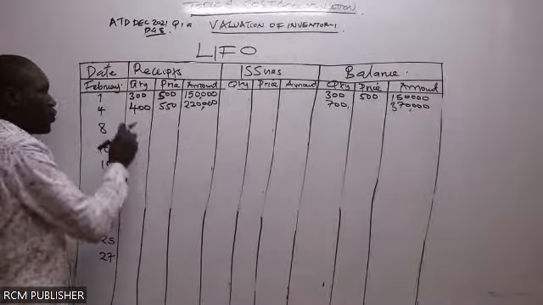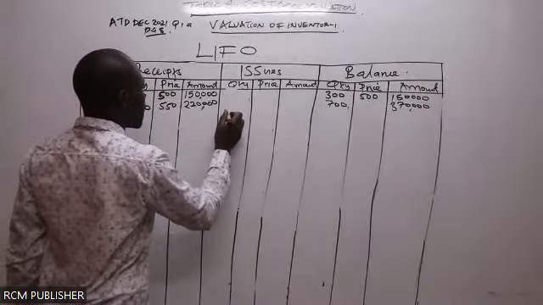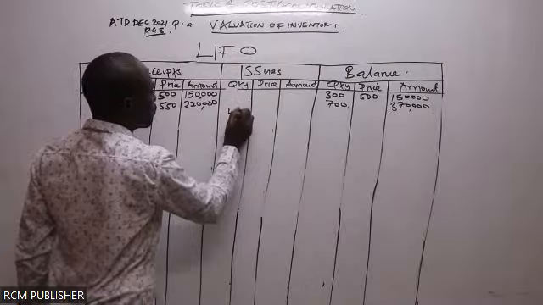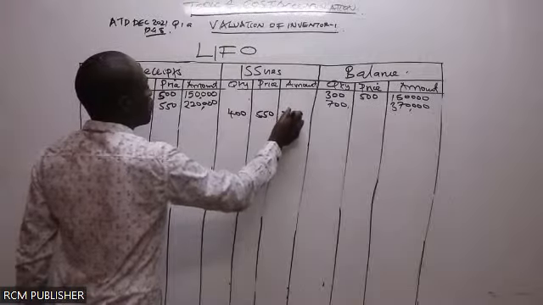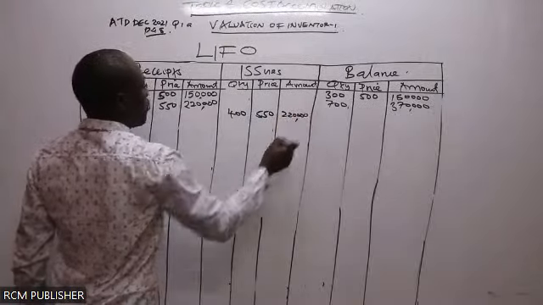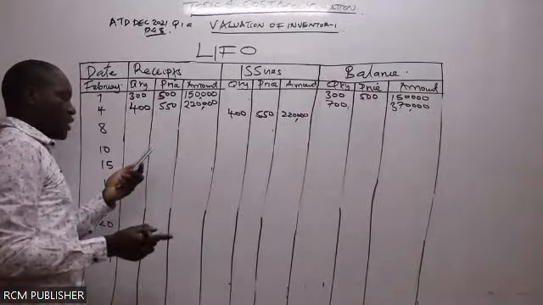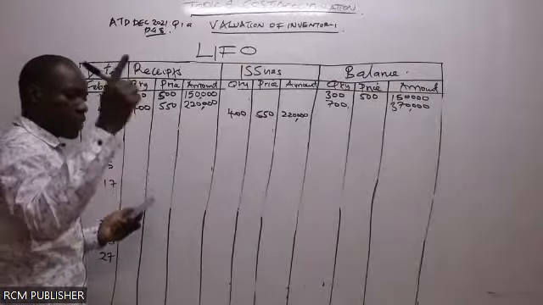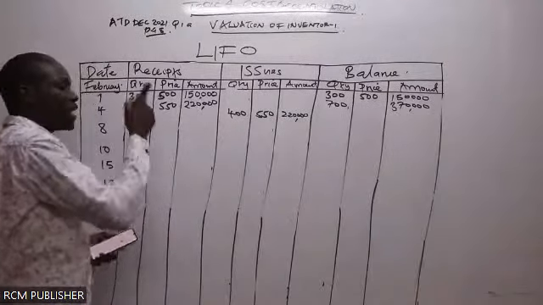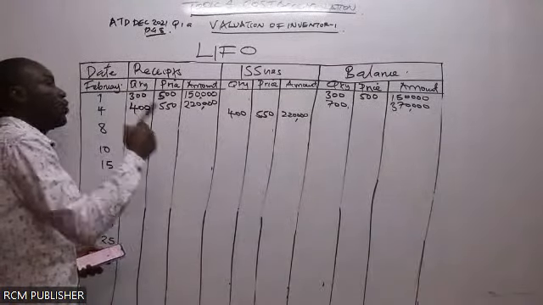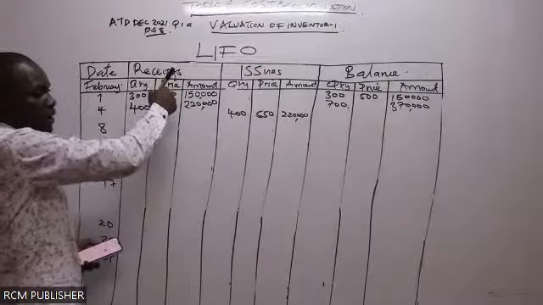Our latest stock is 400. So I start by taking away the 400 at 550. Then, because the total number of units needed is 550 but I've only received 400 from the last stock, I now go to the one that has been there.